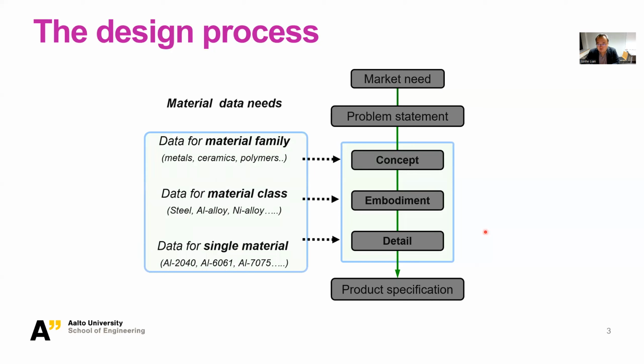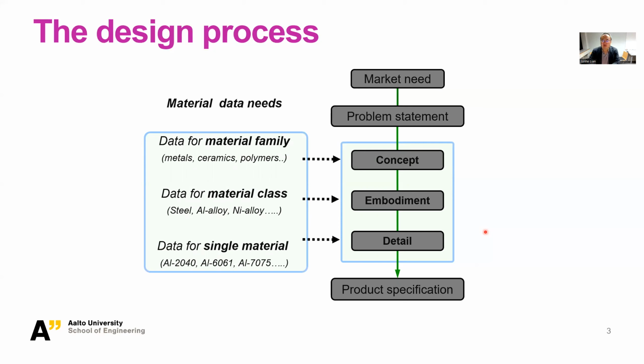But before going to that, you should already know that at this early stage of the design phase, material concern or material selection is already entering the picture. It's not just at the end, when I have the full plan of my product, that I decide what materials to use.